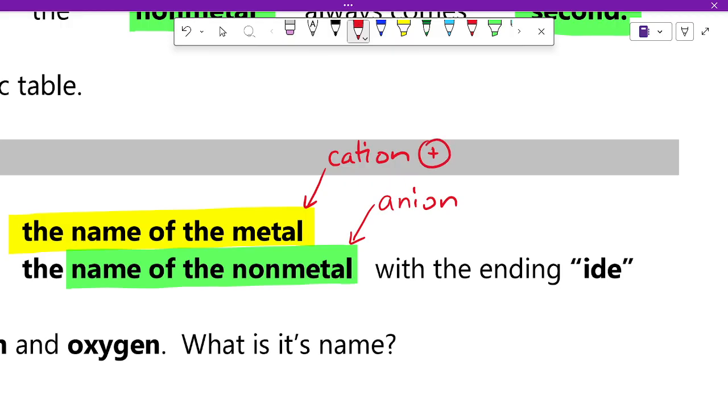The nonmetal is the anion, negative. What do we do to the ending of anions? The ending changes to "ide." How many syllables should be in that ion name? 2 syllables. So not nitrogide, but just nitride. Not oxygide, but just oxide.